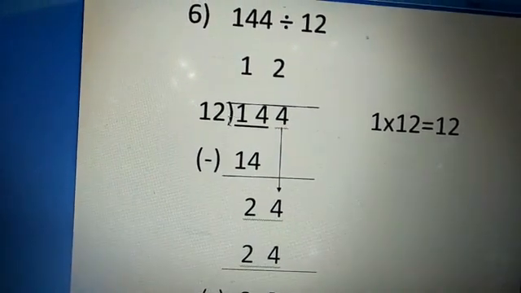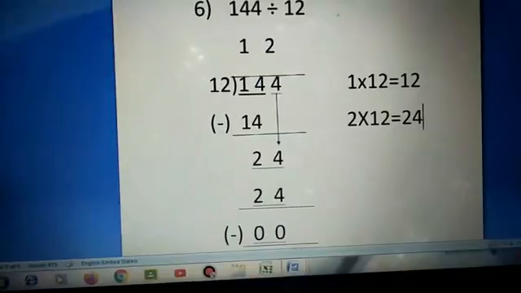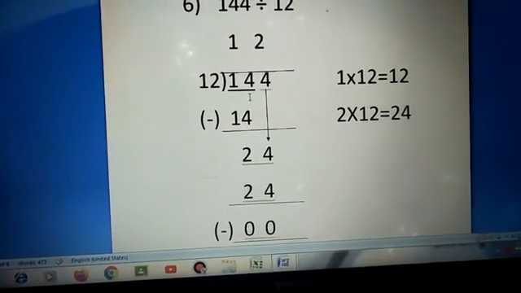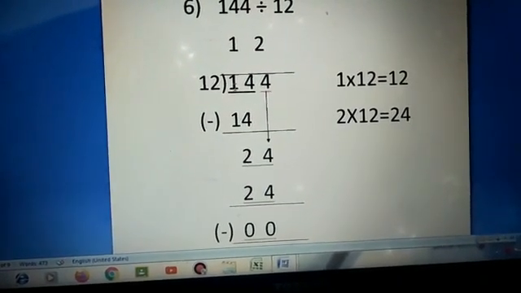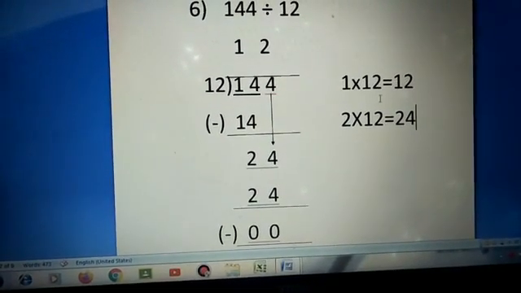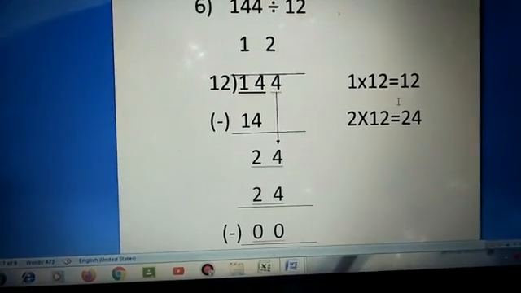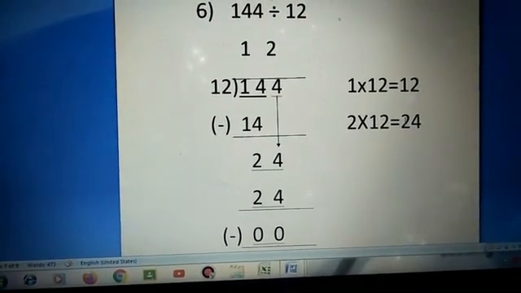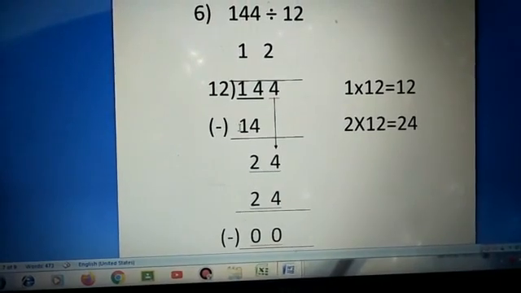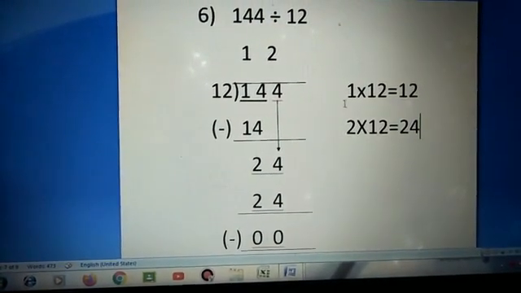So now I check how many times 12 goes in 14. 1 12 is 12. Then 2 12s are 24. So I cannot take 24, but we have 14 here. I reduce one time, and now I check one time alone.